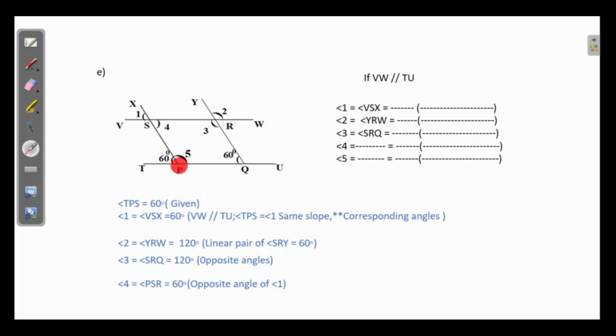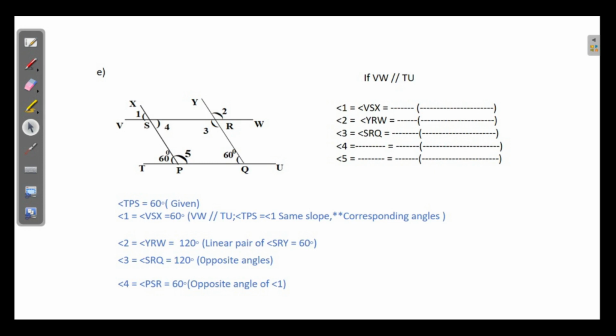Or we can write, if you want, angle RSP also. Here it is, angle PSR is written here. So angle PSR is 60 degree, opposite angle of angle 1.